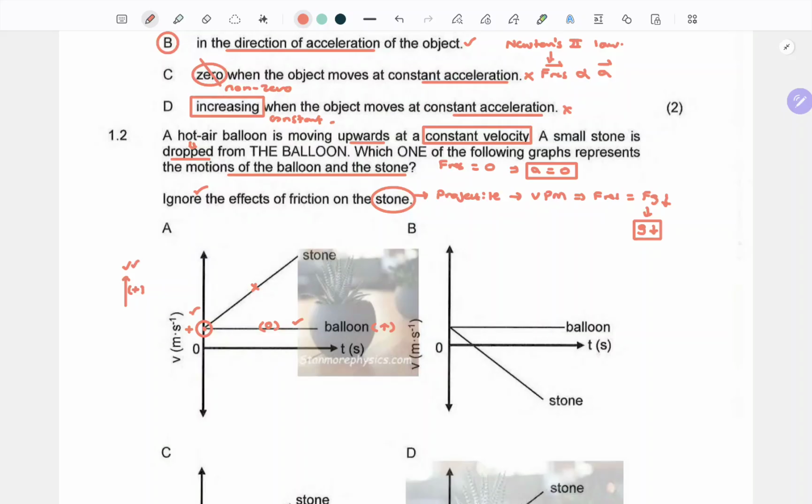Hence, the slope for the stone, because it will definitely accelerate due to gravity, or we can even say it decelerates due to gravity, but I guess it's safe to just say it accelerates due to gravity, because there is a time when it will decelerate to the maximum height, but from there it starts accelerating down.